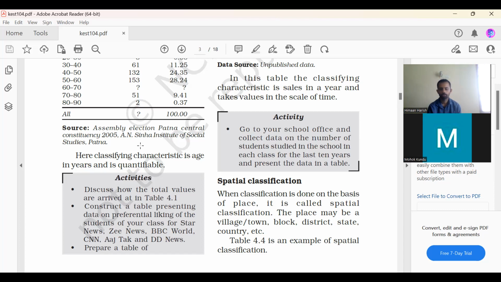Aaj Tak is only an Indian channel. Z News also is an Indian news channel. DD News is the official government channel of India, whereas Star News also is currently a global channel based out of India itself.